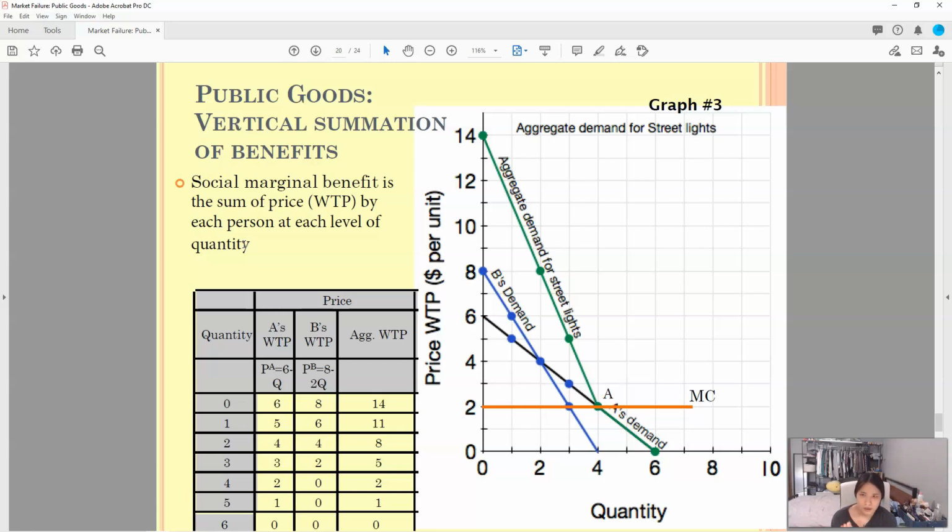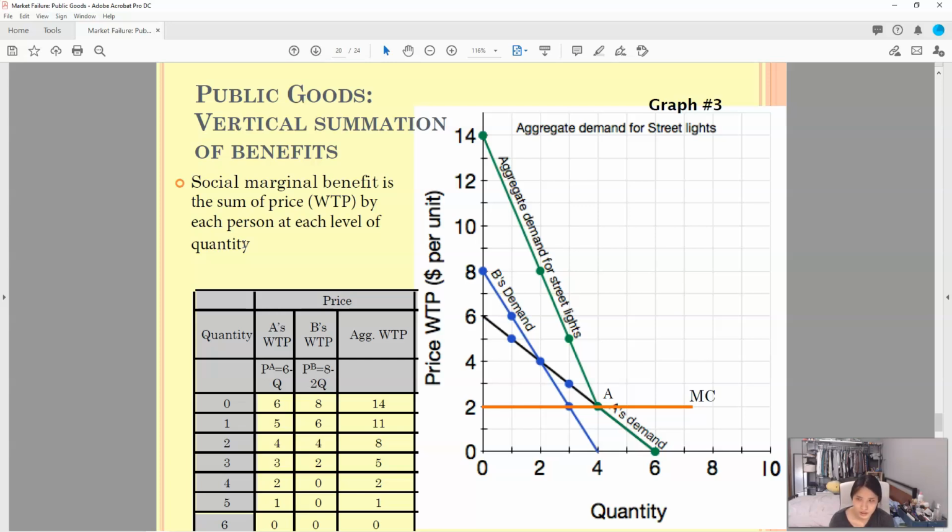Why? That's because for public goods, we cannot change the quantity provided. For example, we cannot change the air provided. We cannot change the amount of the national defense, right?